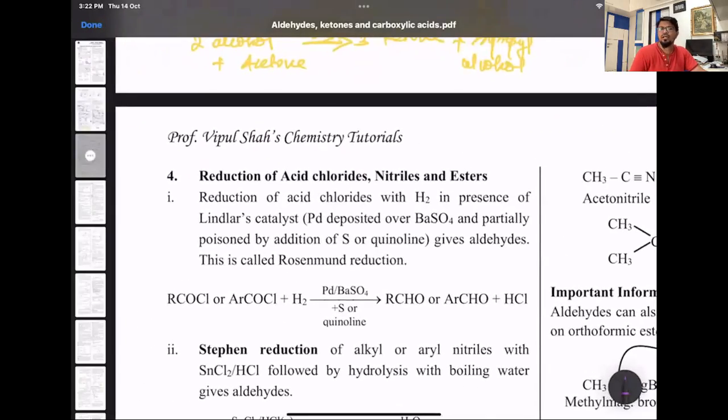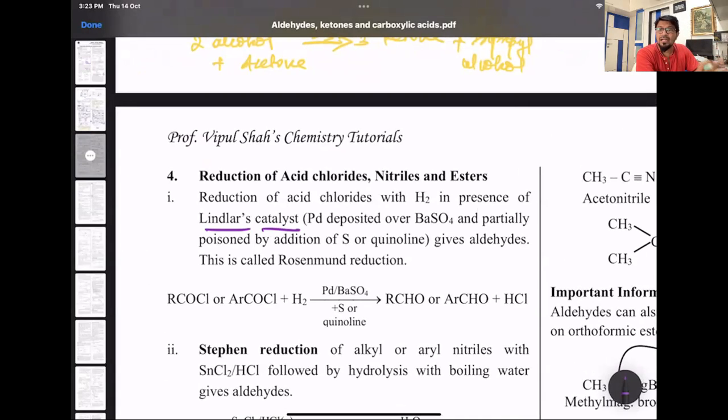Now reduction: reduction of acid chloride, that is RCOCl, nitriles, that is cyanides, and esters. One, we have reduction of acid chloride with hydrogen in the presence of Lindlar catalyst. We had done Lindlar catalyst in hydrocarbons, if anybody remembers. Alkynes, if you react with hydrogen in the presence of Lindlar catalyst, the reaction stops at alkenes.